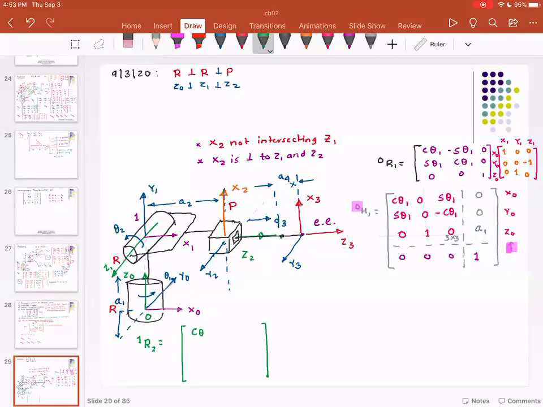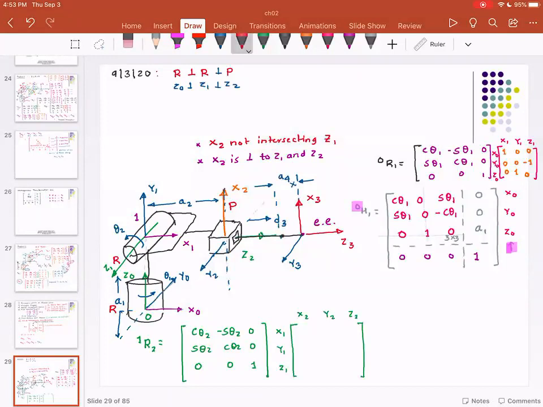So I have cosine theta 2, minus sine theta 2, 0; sine theta 2, cosine theta 2, 0; 0, 0, 1. The next thing is I need to multiply this by the projection vectors x1, y1, z1, x2, y2, z2.